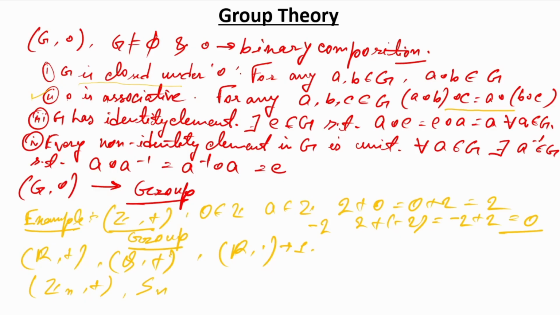Suppose we have n numbers like 1, 2, 3 up to n. All the permutations of these n numbers is the group Sn. Okay, also we have the Klein 4 group K4. This is identity, A, B, AB. This is also a finite group. We will see all these examples in our next video. Just remember that these groups are finite.